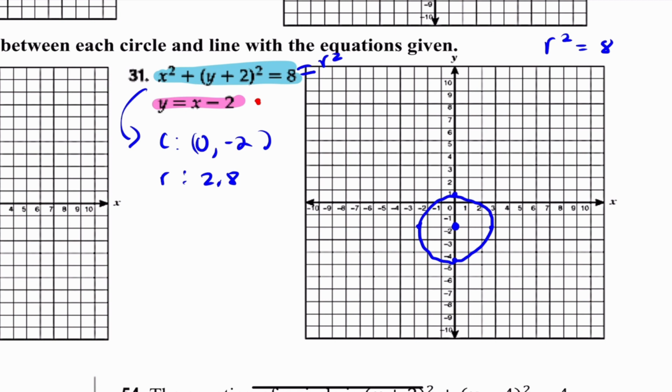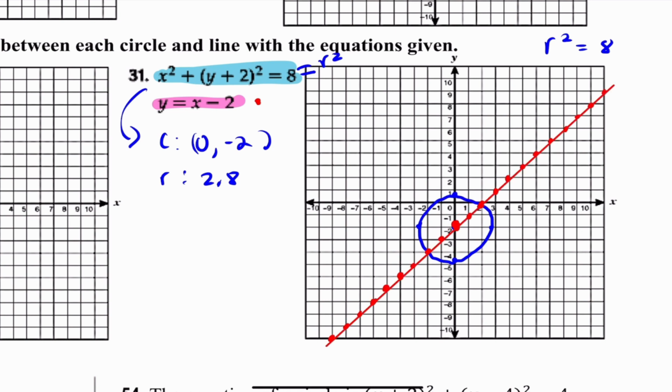So I should start at negative 2, and go up 1, right 1, up 1, right 1, and so on and so forth. Okay, so this is what I'm graphing here.